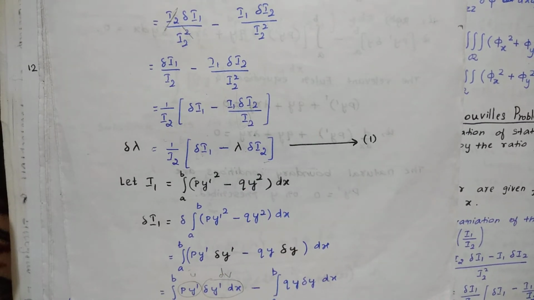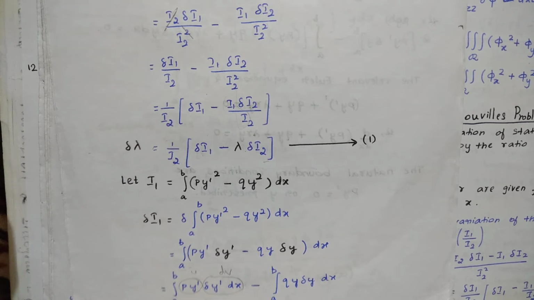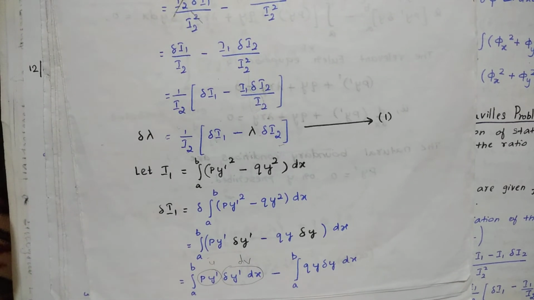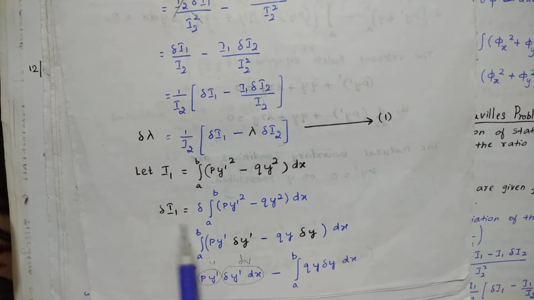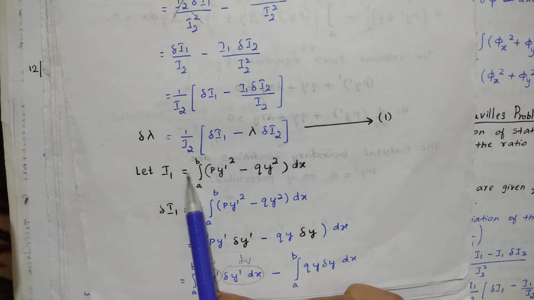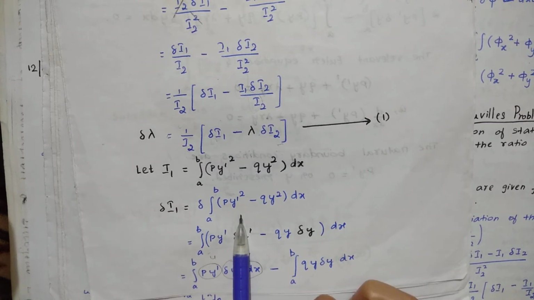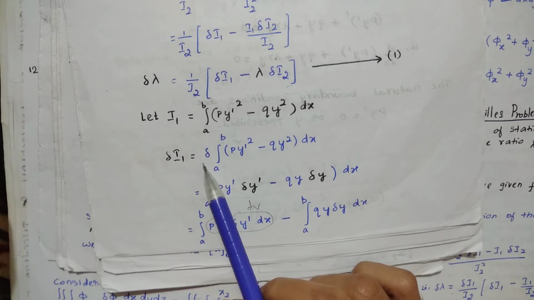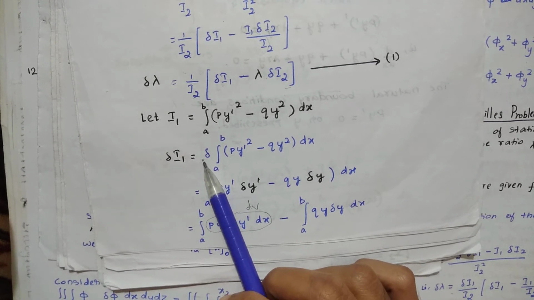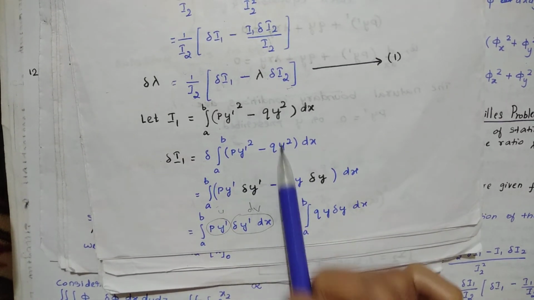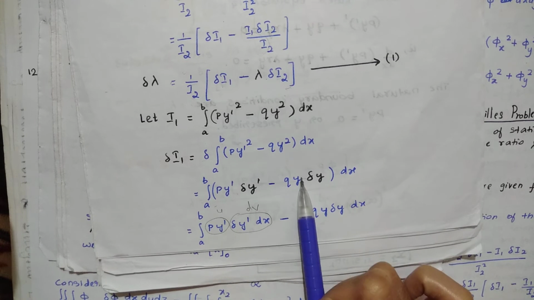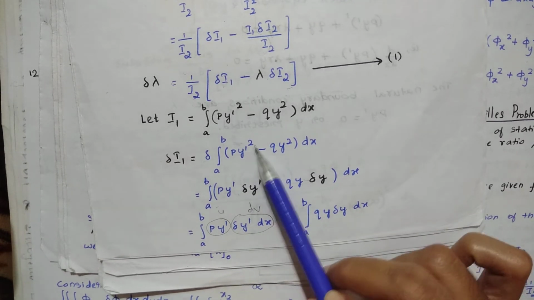So let us start with delta I1. You are finding delta I1 here, so that in the I1 you are multiplying it with delta so that you will get this, and then you are multiplying this delta inside so that you will get this term, and you are splitting this y dash square.